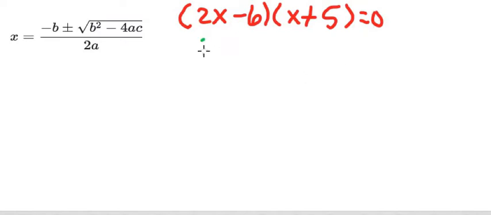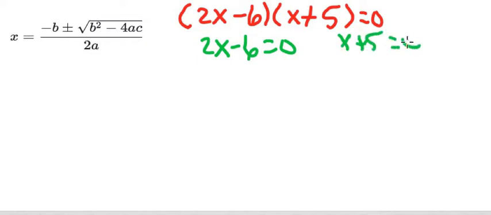Well, to solve this, I would have 2x minus 6 equals 0 and x plus 5 equals 0. So, hey, I'm going to add 6 and then divide by 2. So x is 3 for the first one, and then x is going to equal negative 5 for the second one. Hey, those are a couple of solutions for me.